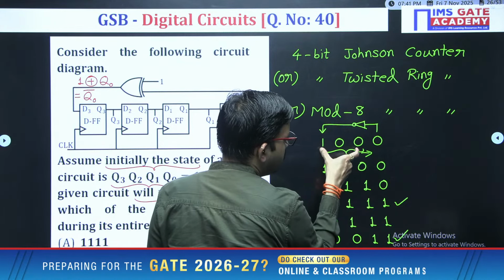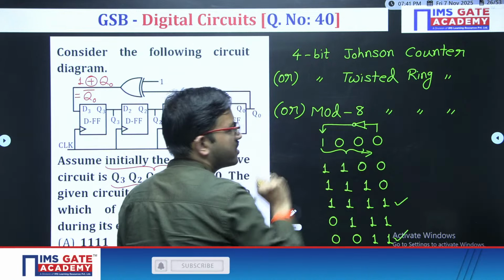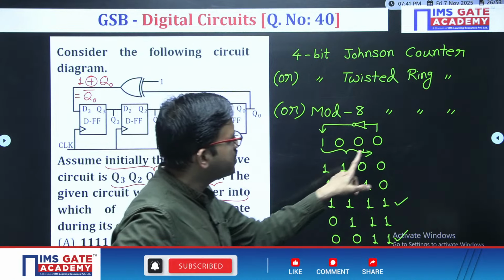So when you understood that, these 3 bits are getting right shift, then the LSB is getting complemented and coming here. I'm just discussing here once again.